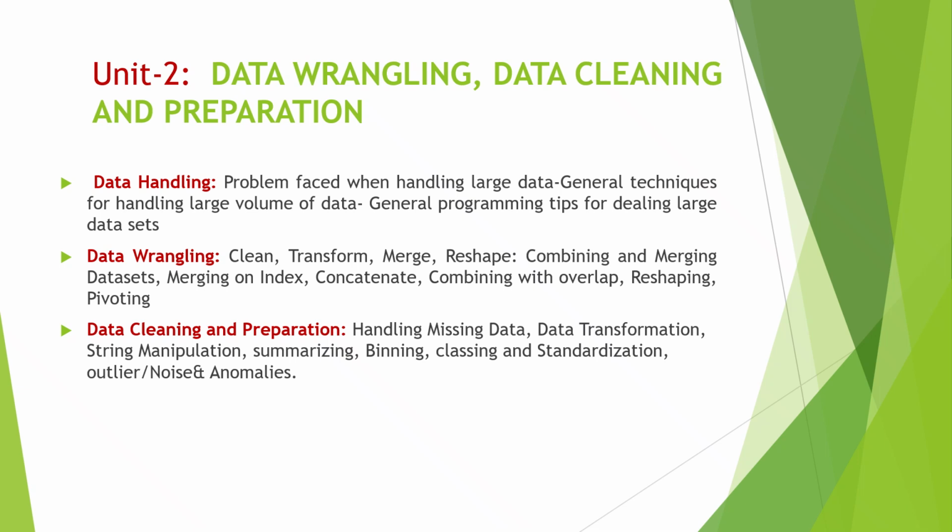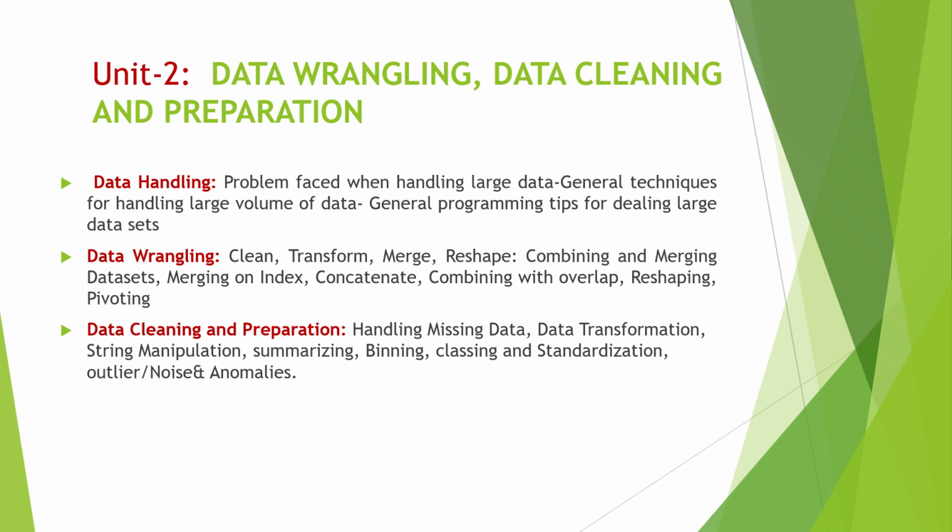Moving on to data wrangling, this method prepares raw data into a structured format which is suitable for analysis. Key operations include cleaning, transforming, merging, and reshaping data. For example, datasets can be combined using merging and concatenation, aligned using index-based merging, or reshaped through pivoting to organize the data more effectively.